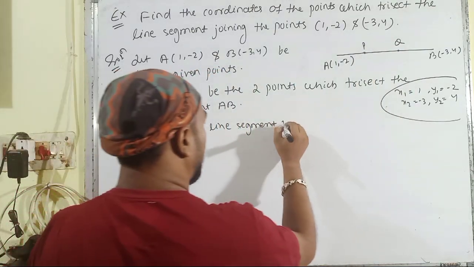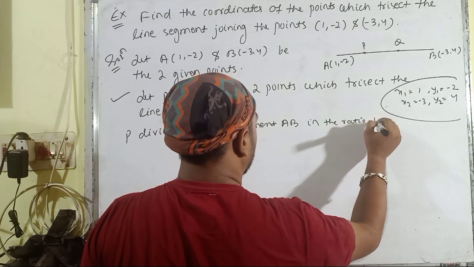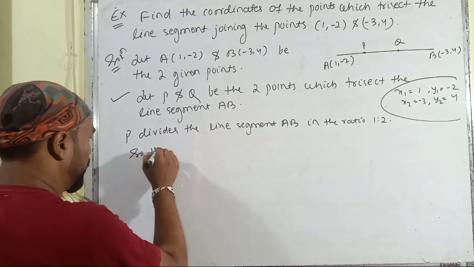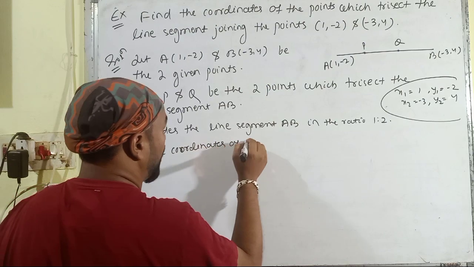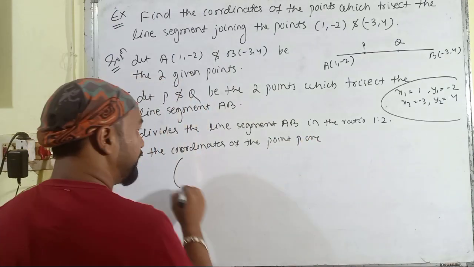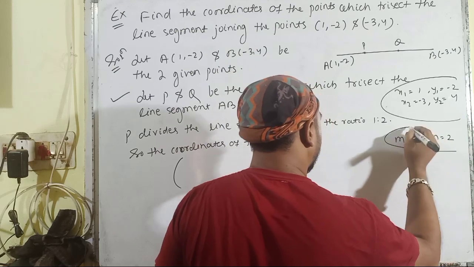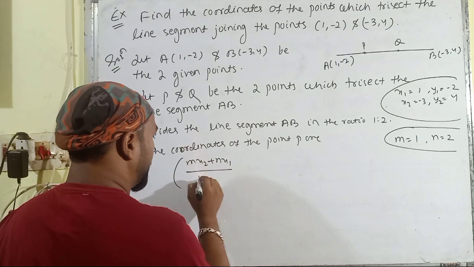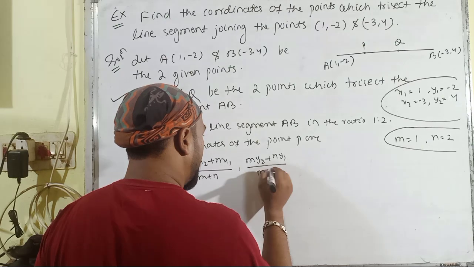P divides the line segment AB in the ratio 1:2. So the coordinates of the point P are, here m is equal to 1 and n is equal to 2, (mx2 plus nx1 divided by m plus n, my2 plus ny1 divided by m plus n).